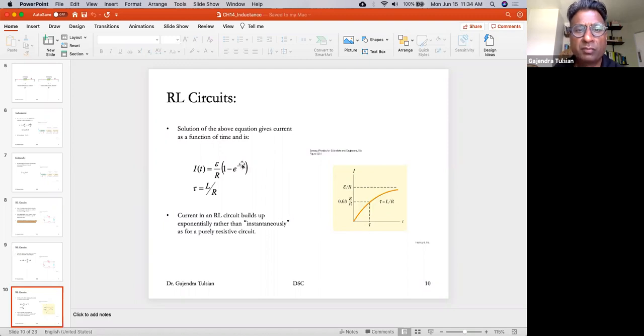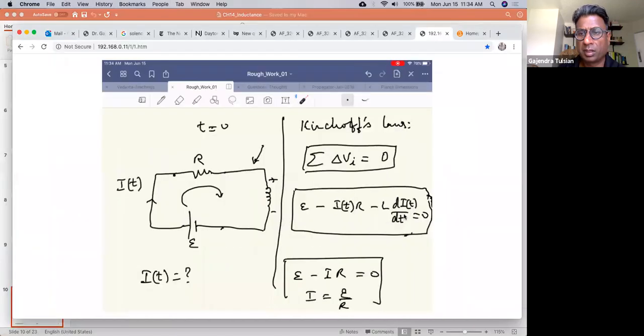Okay. When t goes to infinity, this term goes to 0. And you see I is equal to E by R, like we said on our board. For large times, dI by dt becomes 0, I has acquired its steady state value, and I will be equal to E by R. Okay.